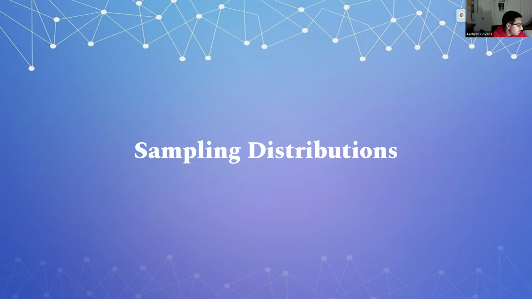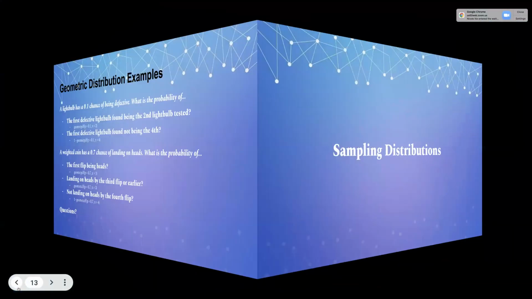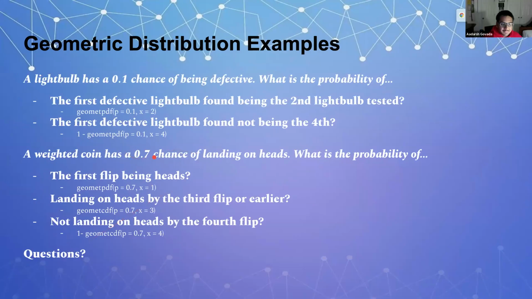Redo the coin example. I don't really understand. All right, so for geometric. Yeah, sure. If we have this weighted coin, it's not a regular coin where the probability of landing on heads is 0.5 and tails is 0.5, because that's a fair coin.